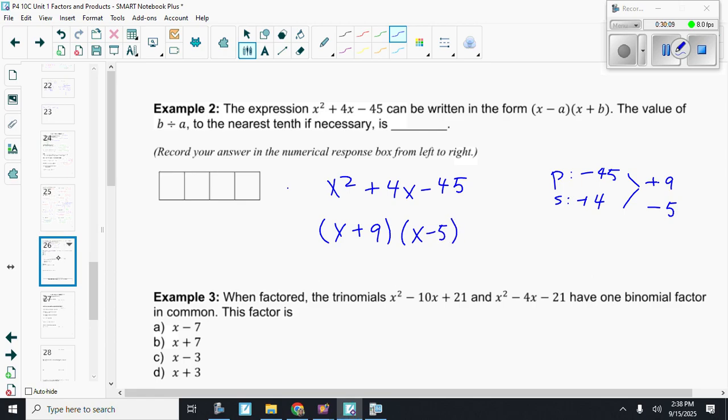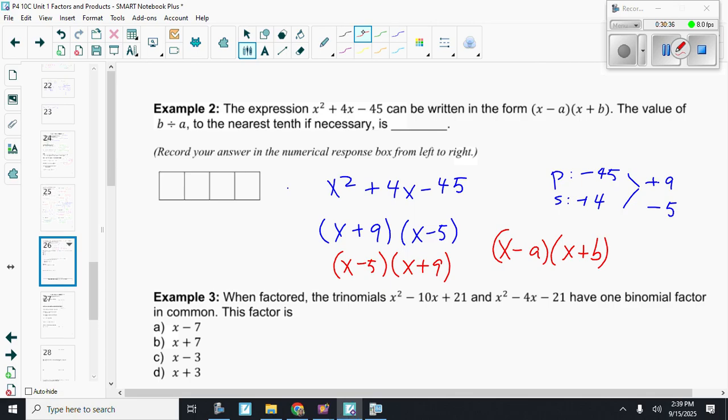Then we look up here, and they've given us a form: x minus a, x plus b. All I need to do is rewrite these so that the two forms match. If I put my x minus 5 first, and then my x plus 9, now it matches my form.